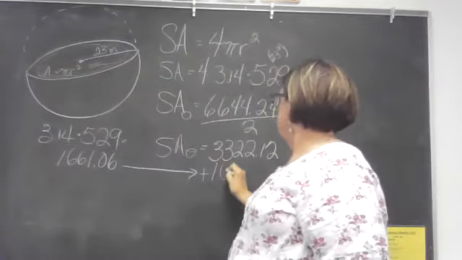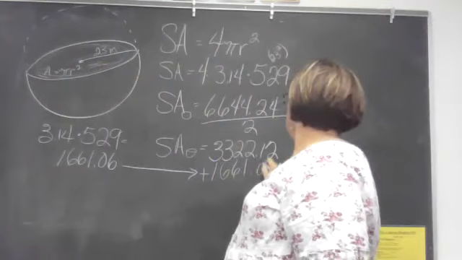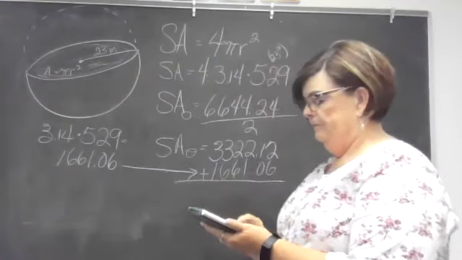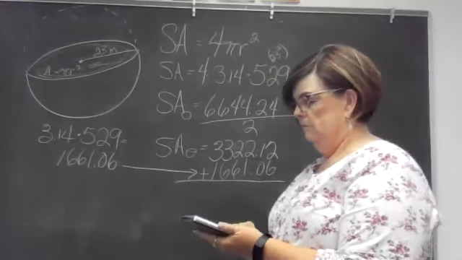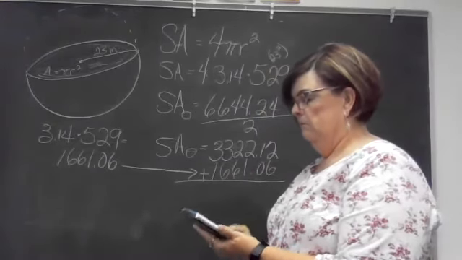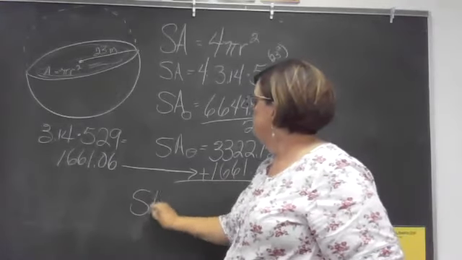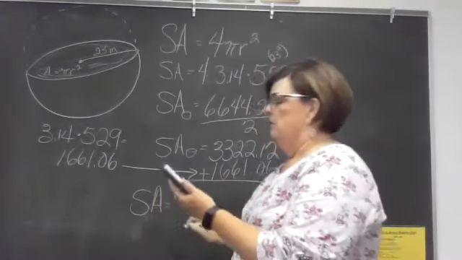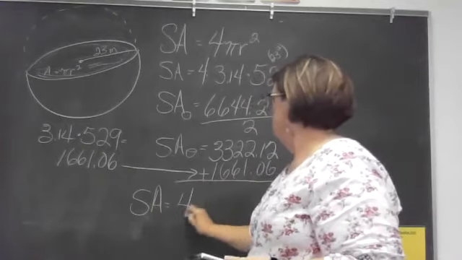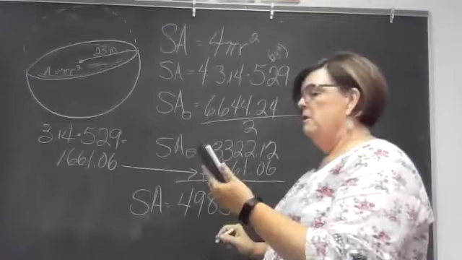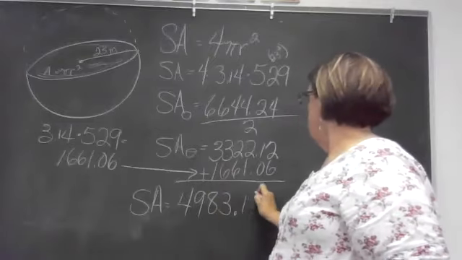So I have 1661.06. We're going to add these. And my final answer for the surface area of the hemisphere should be 4983.18.